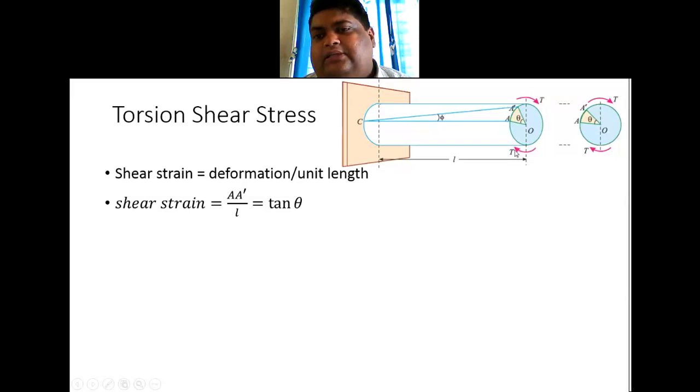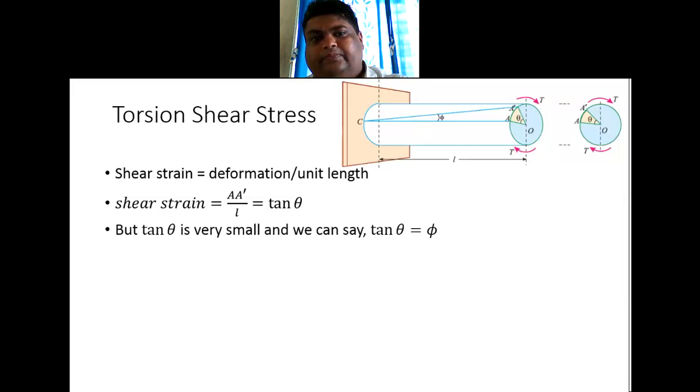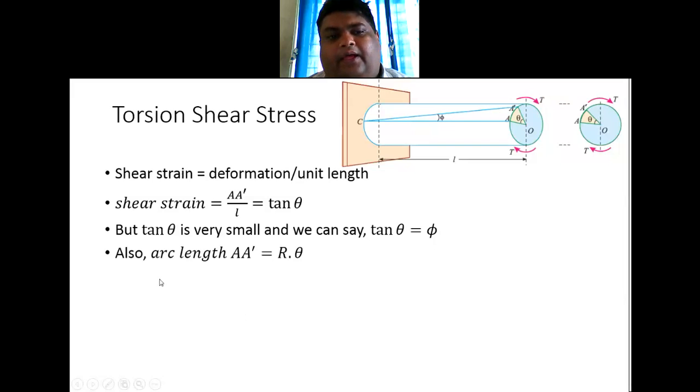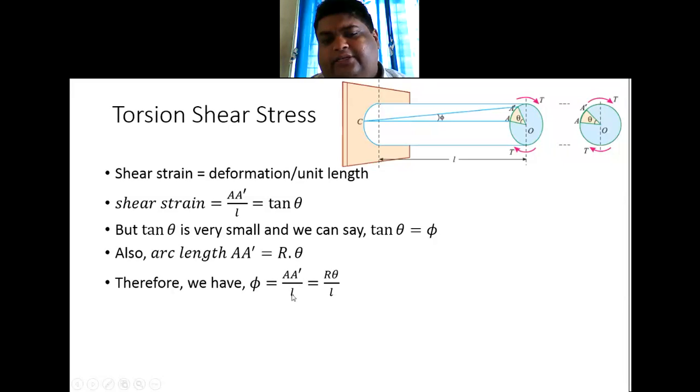When the torque is applied, the twist is very small. So this can be approximated to a right angle triangle, and I have taken this as tan phi. But tan phi is very small, and we can say tan phi is equal to phi. Also, arc length AA dash is r theta. Therefore, we have phi is equal to AA dash by L, which is r theta by L.